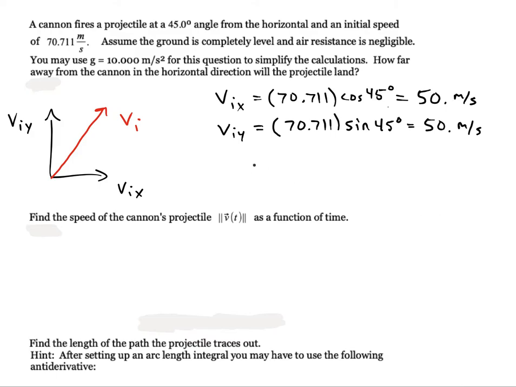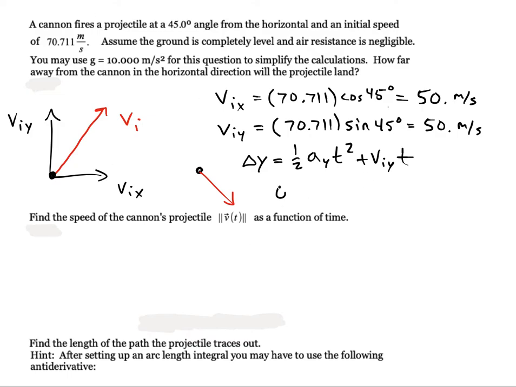Alright, we'll want to figure out, when that thing comes back down, how long does it take? So you have the option of using delta y equals 1/2 at squared plus VIY t. You could set the delta y as 0 because it'll come back to the same elevation that it was launched from.